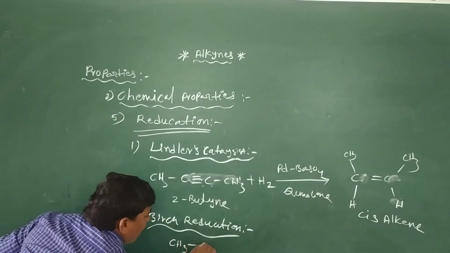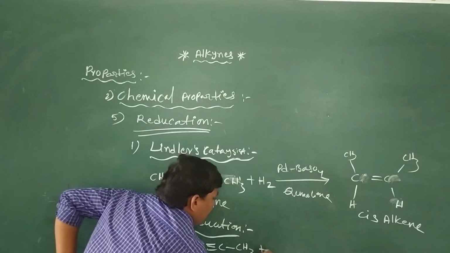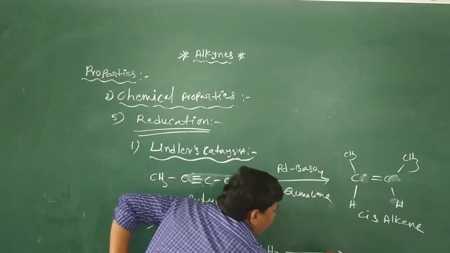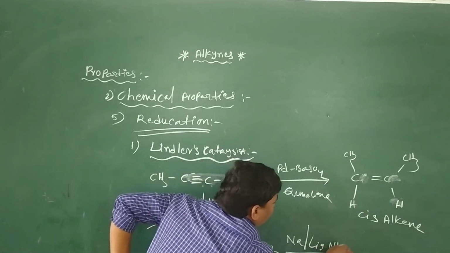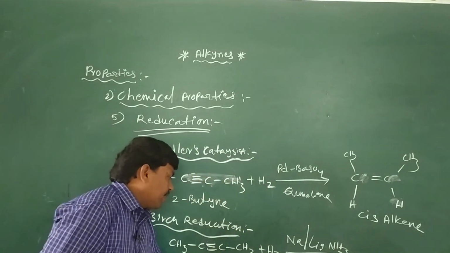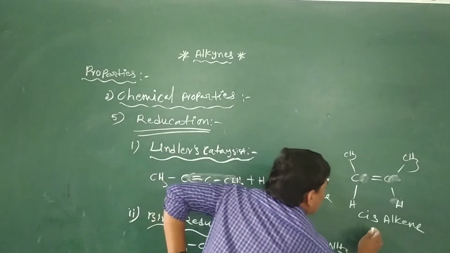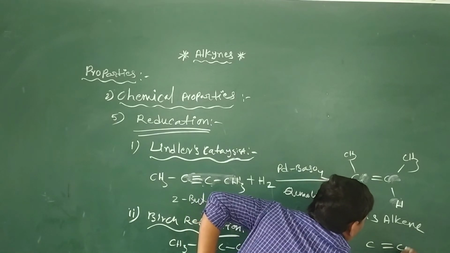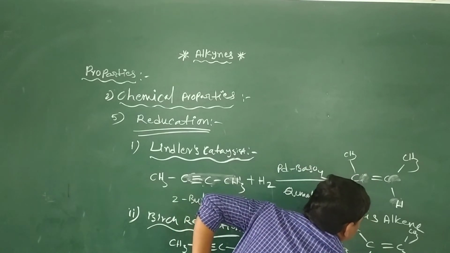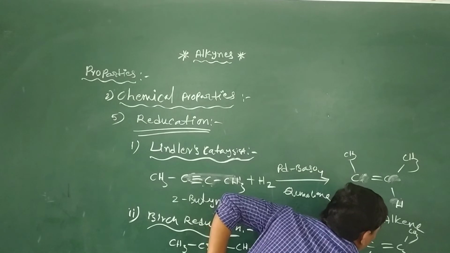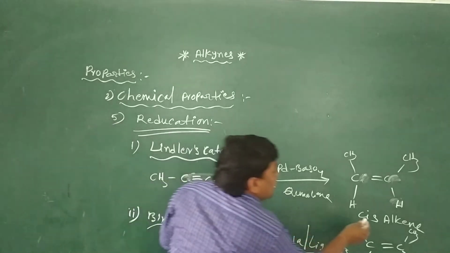Alkyne reduction in the presence of sodium metal and liquid ammonia gives trans alkene. This is the trans alkene. And Lindlar's catalyst forms cis alkenes.